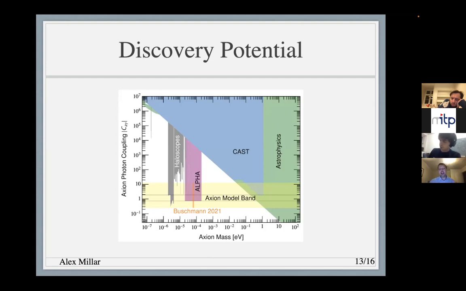And that leads to a detectable signal at frequencies where traditional cavities are not really very effective. So you can see that this projection essentially moves above where traditional haloscopes are effective. For reference, this is assuming a Q of 5,000 and something like a 10 Tesla magnet with quantum limited detection.